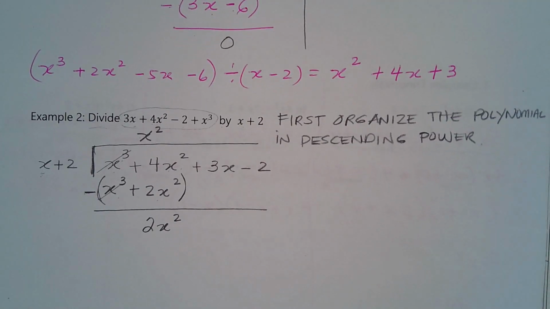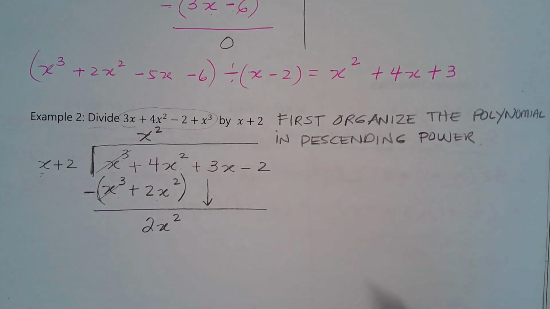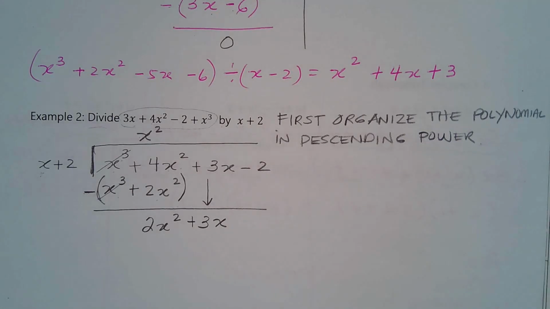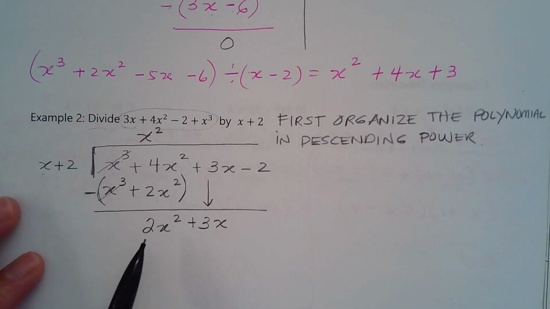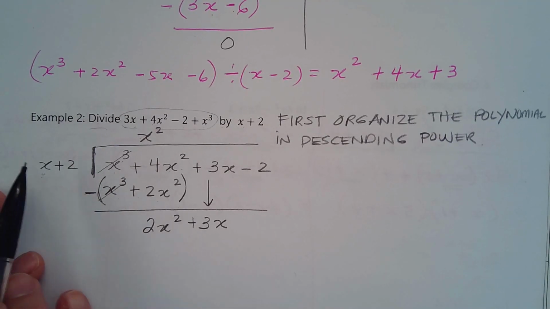What do we do next? Bring down the positive 3x. Now we're going to repeat the pattern of divide, multiply, subtract. Right? Divide, multiply, subtract. So here we go. 2x squared divided by x.